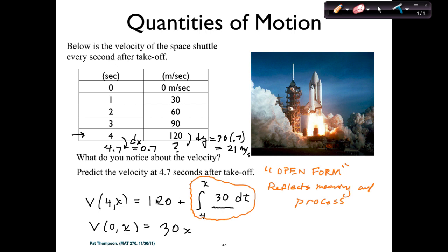How did we get values of the velocity function in this form? Please know this. How did we get values of functions written in this form? What do we have to do? We've been doing it all semester. Say I have this function, and I want to get v of 4 comma 6 or v of 4 comma 8.